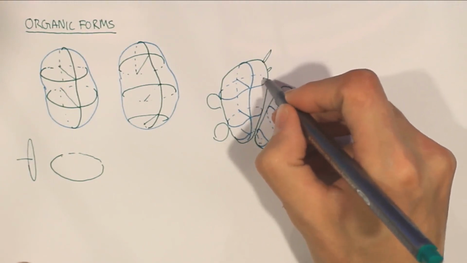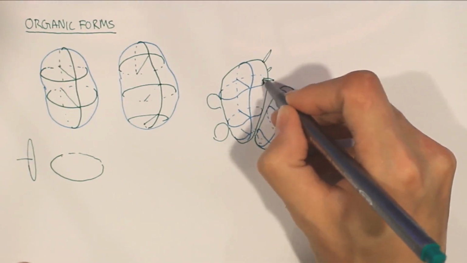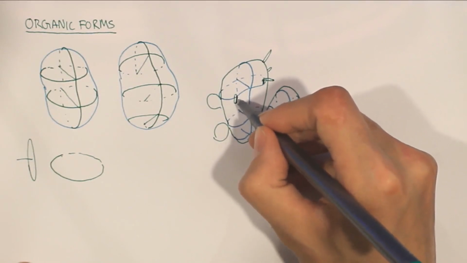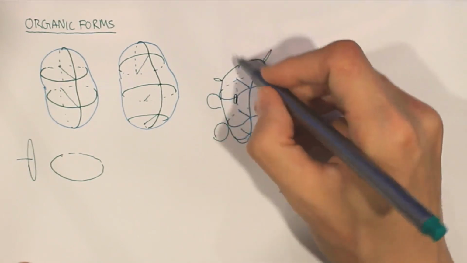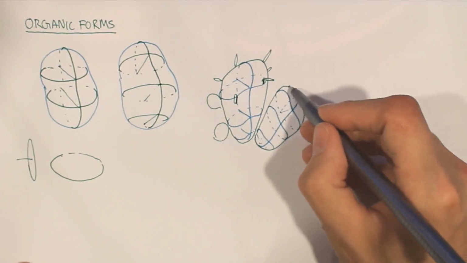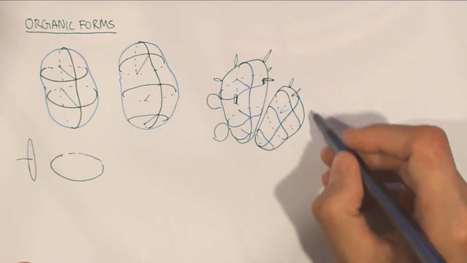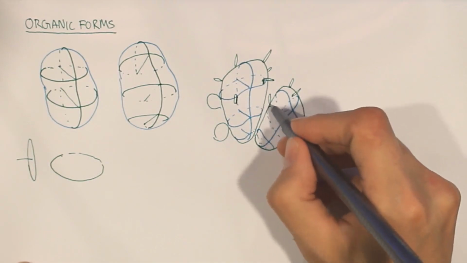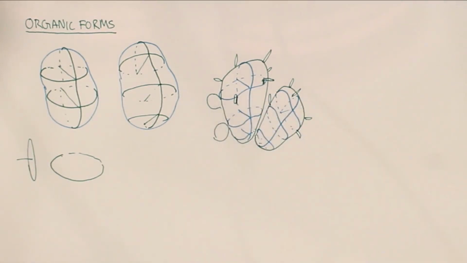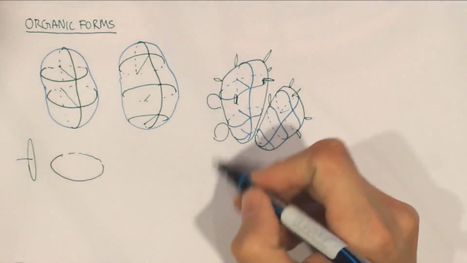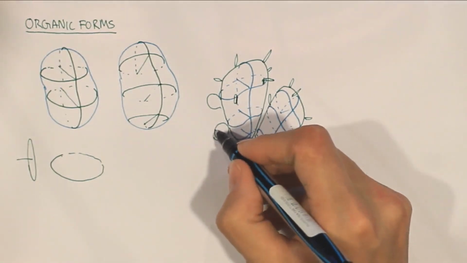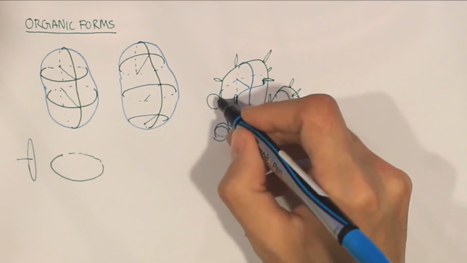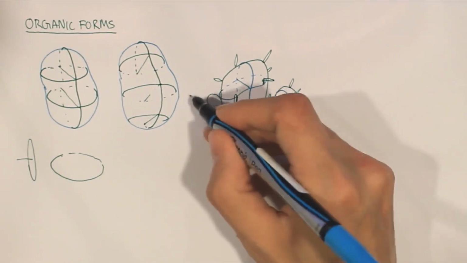Maybe if we want to make it look a little more like a cactus, we'll add some thorns coming out of this. Add a little cast shadow underneath there. Now there's these little fruits that are coming off, and they seem to be coming towards us, so I'm going to indicate that with the ellipse.